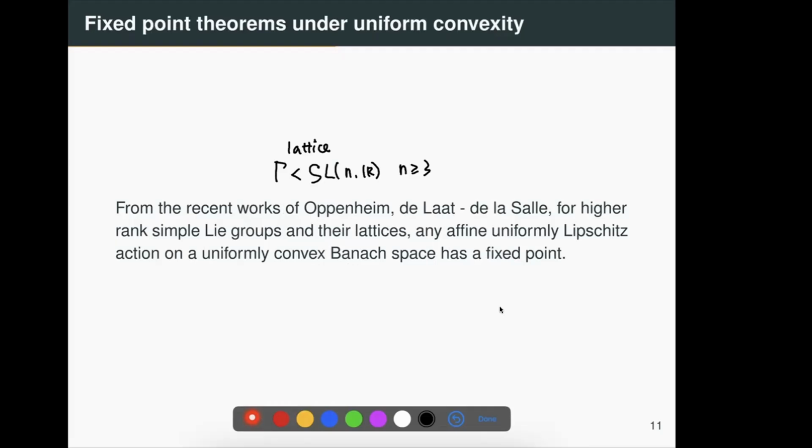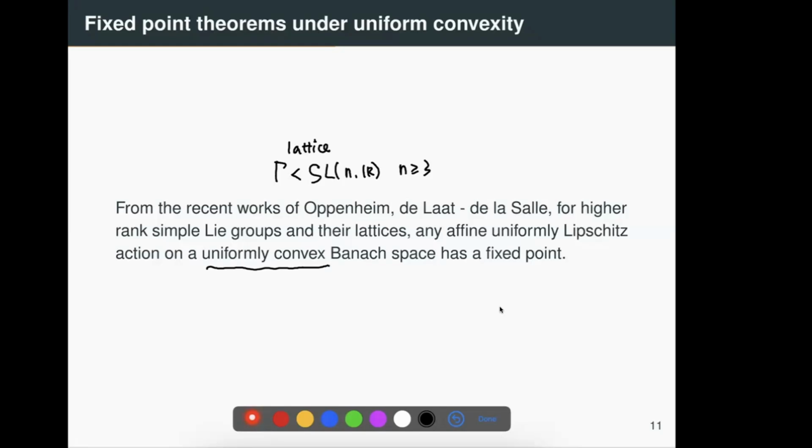Oppenheim showed that for such lattices in higher rank, any affine uniformly Lipschitz action on a uniformly convex Banach space has a fixed point. So whenever you have uniform convexity, such actions will give you a fixed point. This statement was extended by Tim de Laat and Mikael de la Salle to all higher rank lattices in simple Lie groups. So this was a very important result.